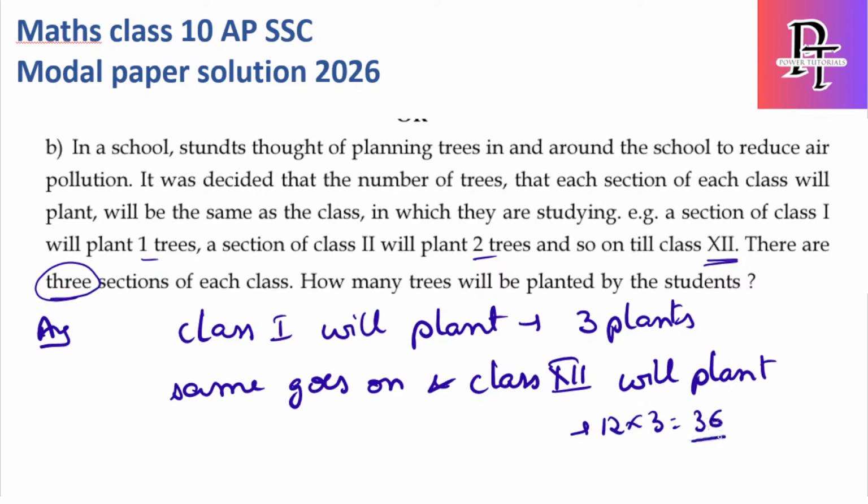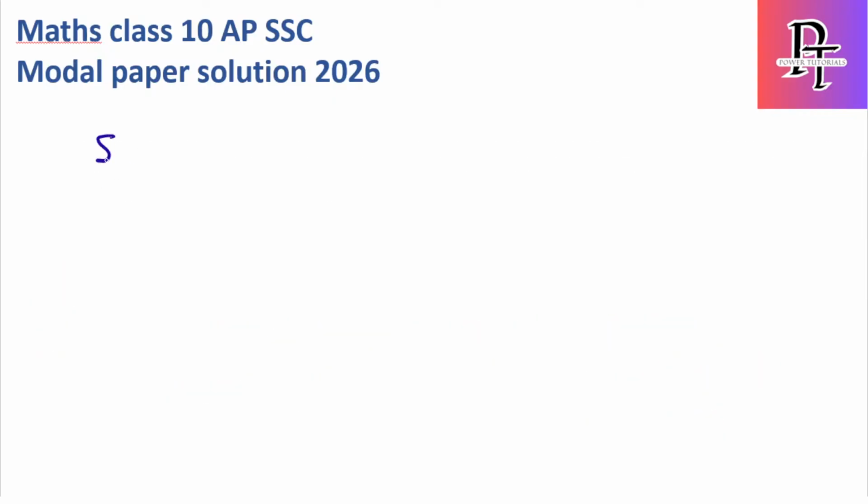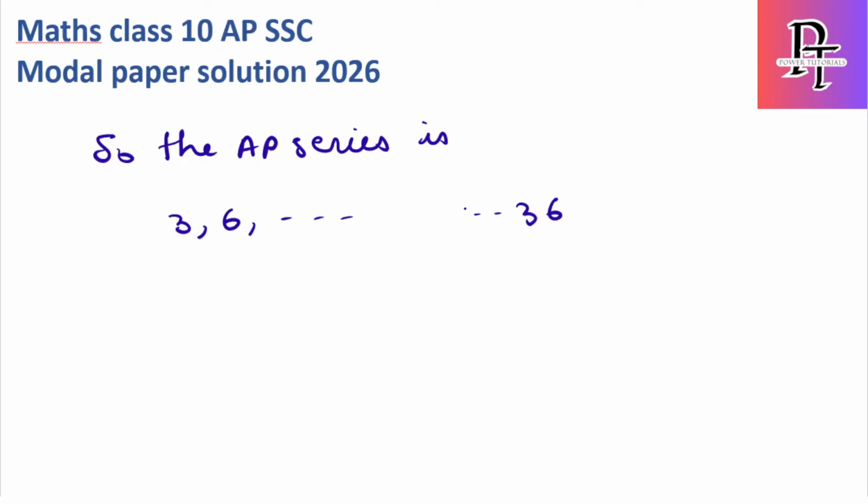So class 12 will plant 36. So this is an AP series where the common difference is 3. The AP series starts from 3, 6 and so on, and it will continue till 36.